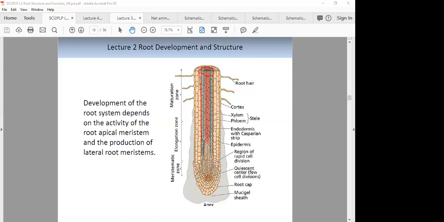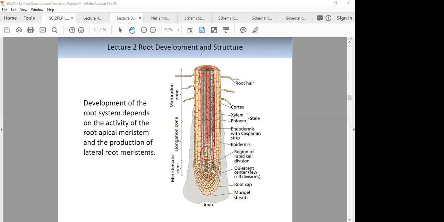That central cylinder. What do we call that? And you can see it's not quite formed completely down here. Vascular tissue, yes.